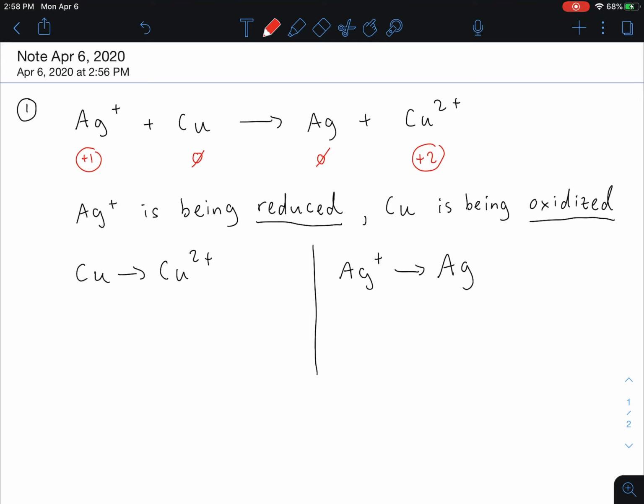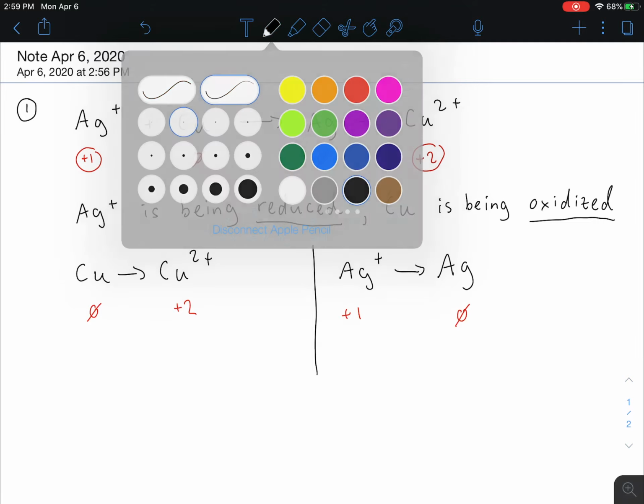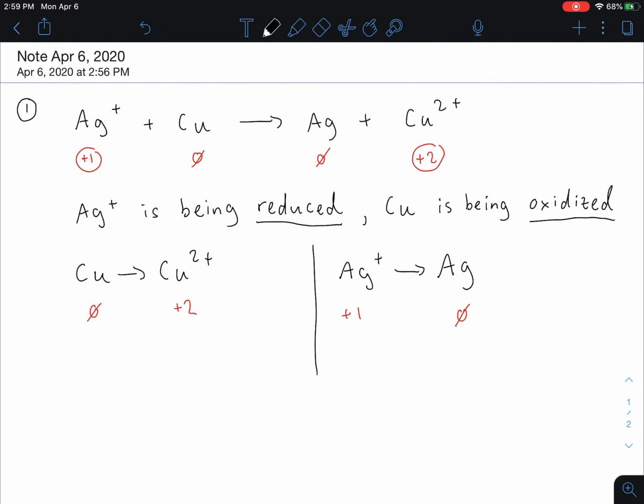That's the last step. So remember, what you're going to do is just add electrons to the more positive side to make the charges equal on both sides. So as it stands now, copper is 0 and +2, silver is +1 and 0. So in each case, I'm going to add electrons to the side that is more positive to get the charges to be equal.